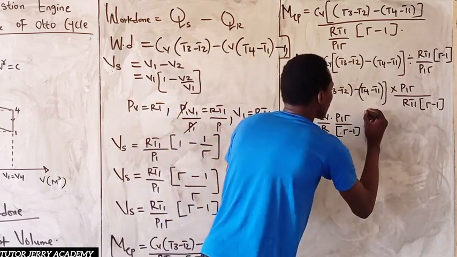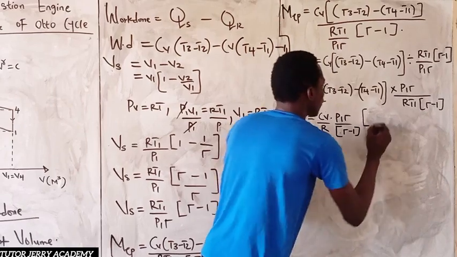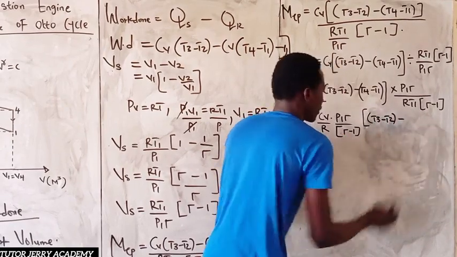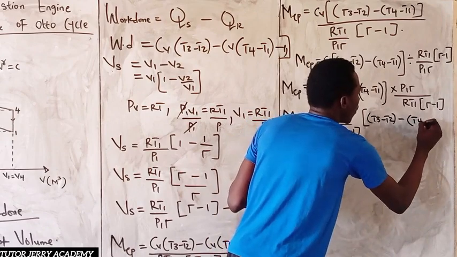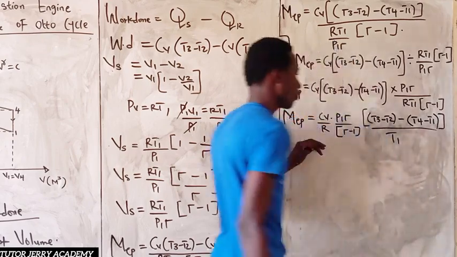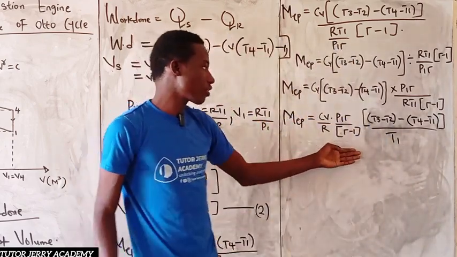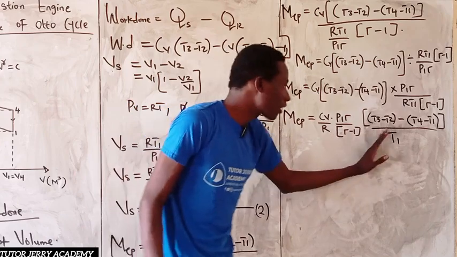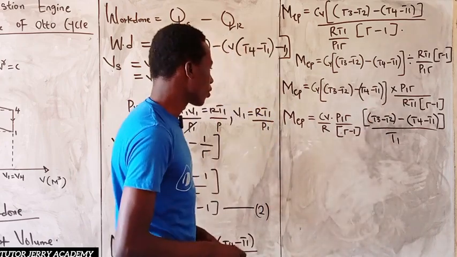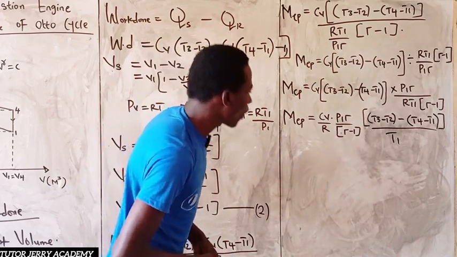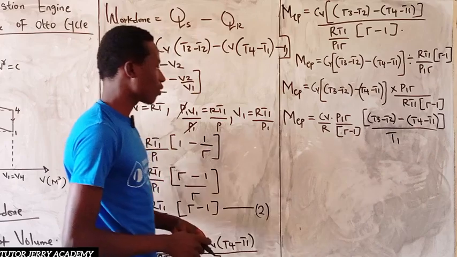This will be multiplying the bracket of T3 minus T2, close bracket, minus open bracket T4 minus T1, close bracket, all over T1. So what I have here is nothing but what I have before; I just rewrote it in another form. If you multiply back, you are going to get what is here.